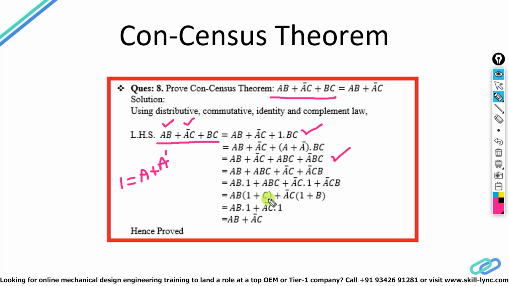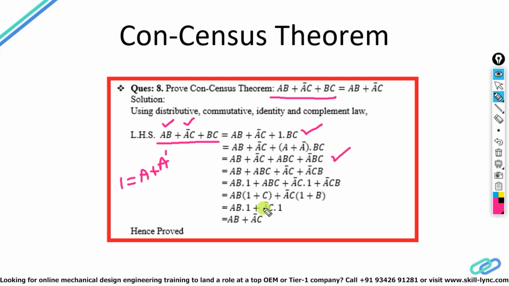Now we have just rearranged it: AB, then ABC plus A bar C plus A bar CB. Now you can see the C here, but C is not present in the first term. So it is AB into 1 plus ABC plus A bar C plus A bar CB.